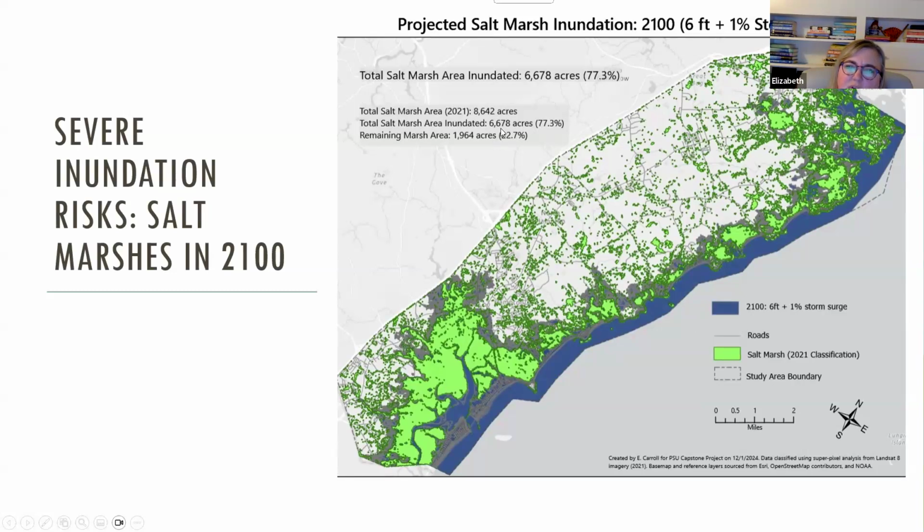It's going to lose 6,672 acres. Now that's of the original, so this is not even counting the 2050. When I tried to put the 2100 over the 2050, it was just too hard to see in a map. But I'm wondering just how to show that.